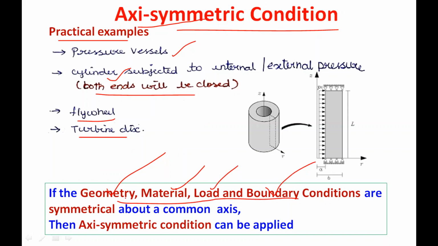These are the four parameters used to describe the engineering problem. All these four parameters should be symmetrical with respect to the axis of symmetry. Here the axis of symmetry will be considered as the axis of rotation for the solids of revolution. So how to reduce this three-dimensional problem into 2D, that we will see.